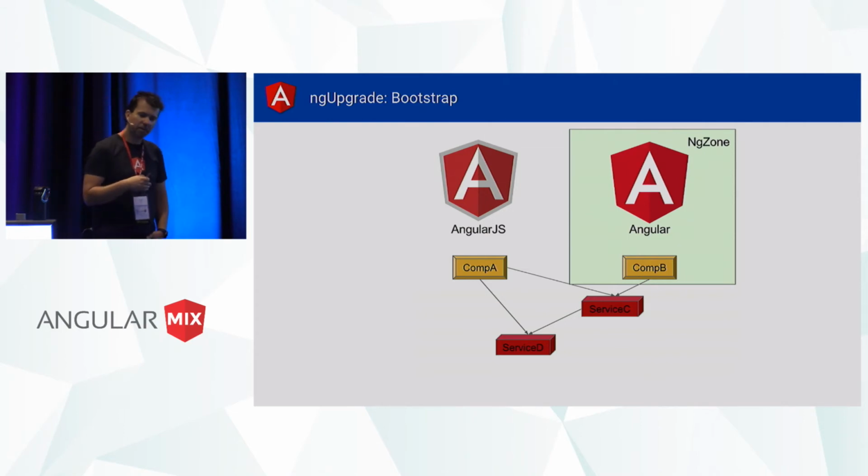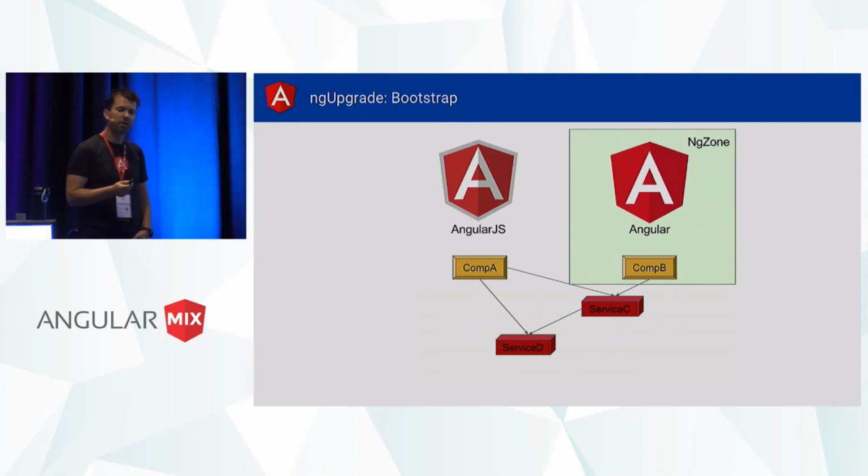So if the services do the basic stuff that normal services do, usually it's not a problem. The trouble arises if, for example, component A would leave a callback with service C, and that callback would get triggered by component B's action. In that particular situation, you might get yourself out of the zone. And in that case, you will just manually have to say $digest to get the system going again.